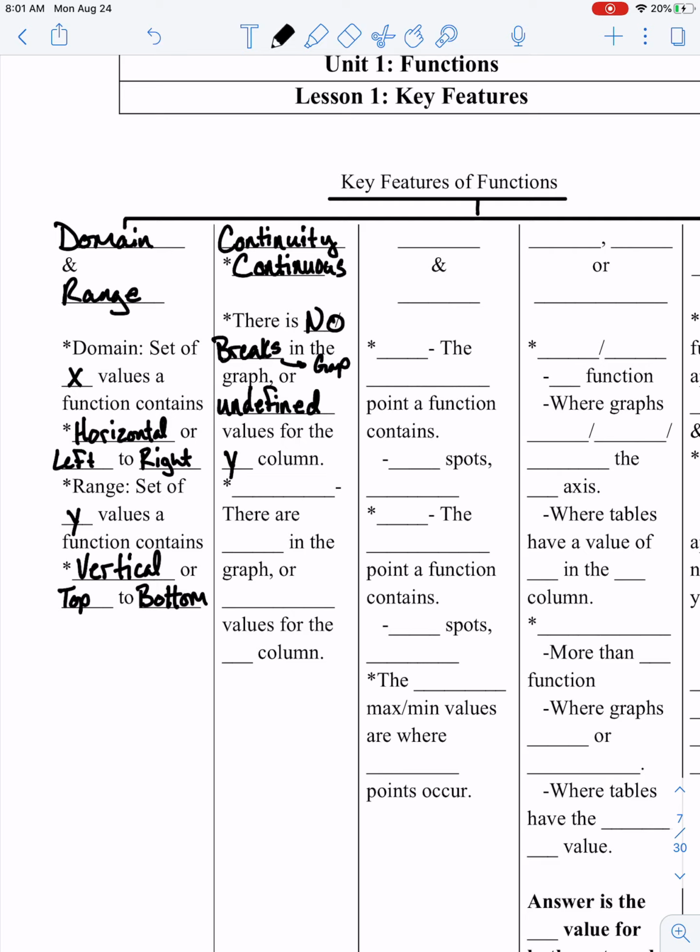The exact opposite is discontinuous. And if a function is discontinuous, there are breaks or gaps in the graph, or undefined values for your y column.